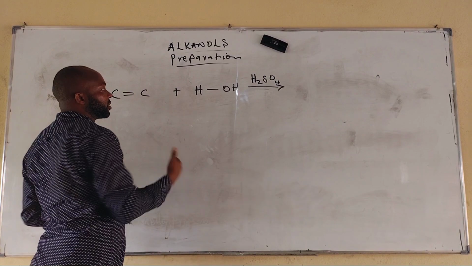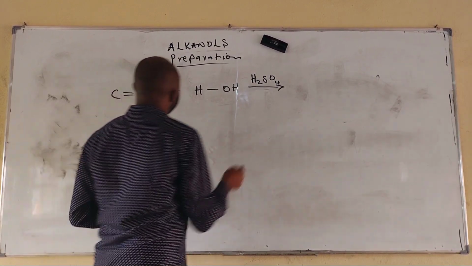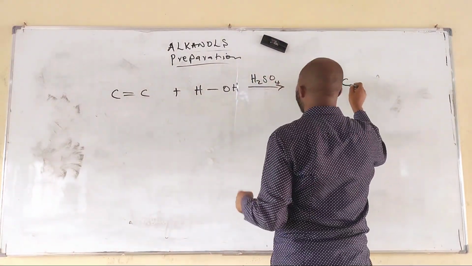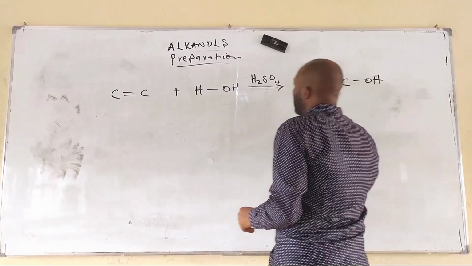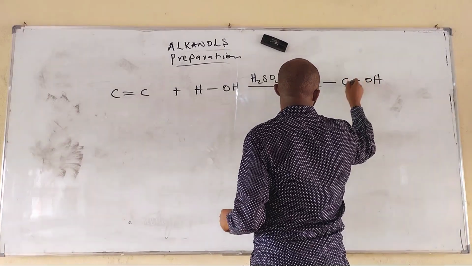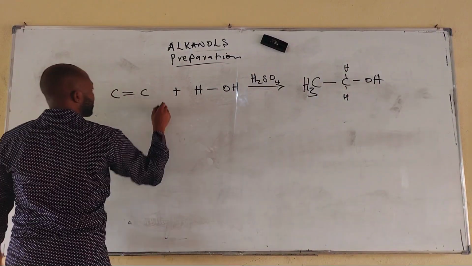That's in the mechanism, but let me show you what happens right now. So this will give us C double bond C breaking to give us OH, which is ethanol. Now let me show us the mechanism.